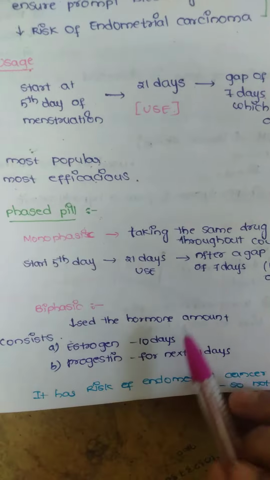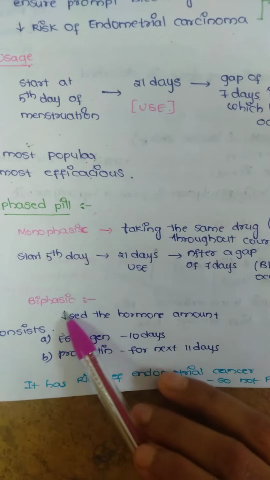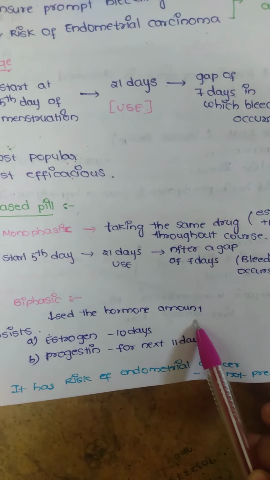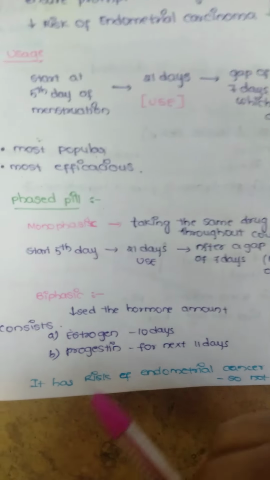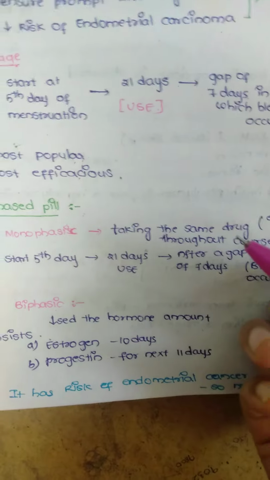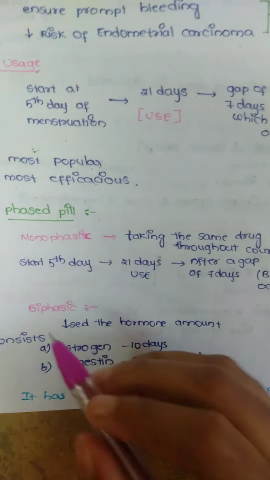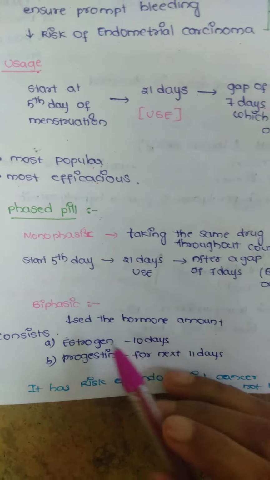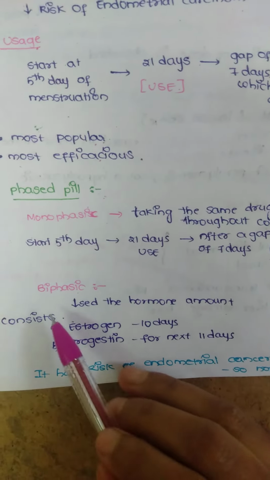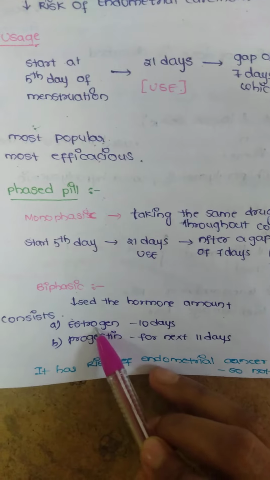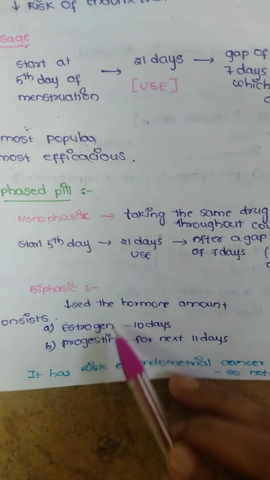In biphasic ones, the hormone amount is decreased. Why are these biphasic ones created when monophasic ones are better in their action? So as to decrease the amount of hormones, consisting of estrogen and progestin.